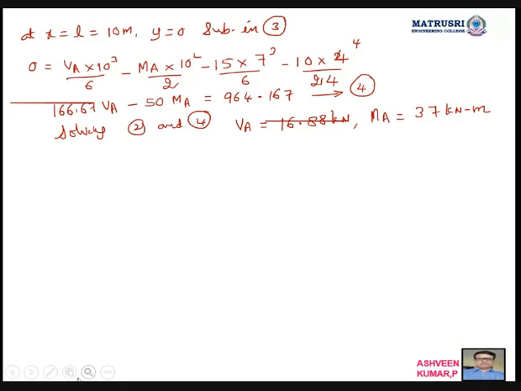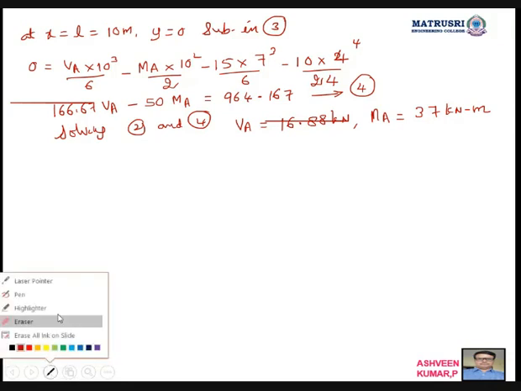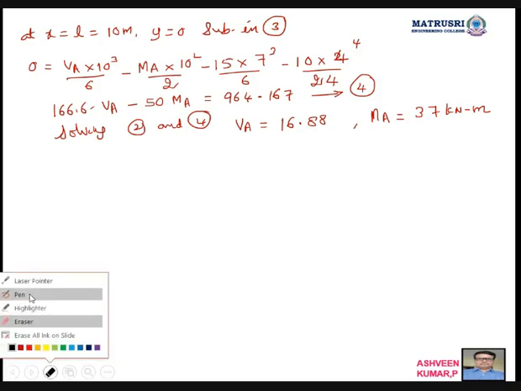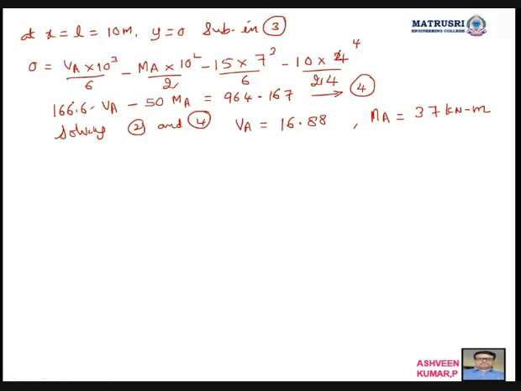Okay. This is about the calculation of VA and MA. 16.87 kilonewton meter.